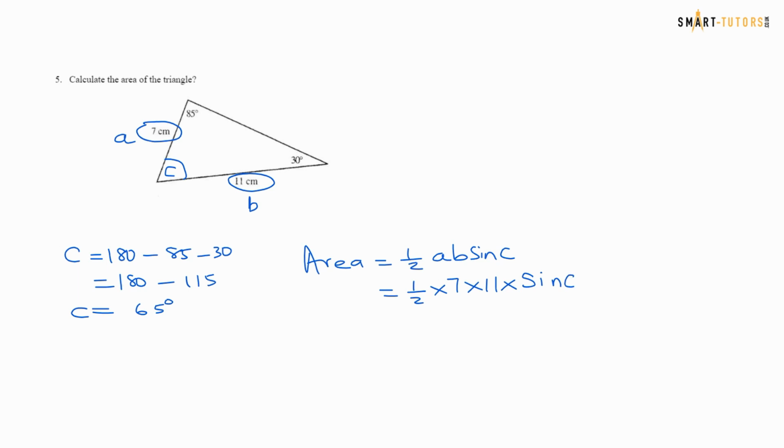Sine C, we don't know. Oh, we already found sine 65. So sine 65 is the angle. It's as simple as plugging everything into the calculator.